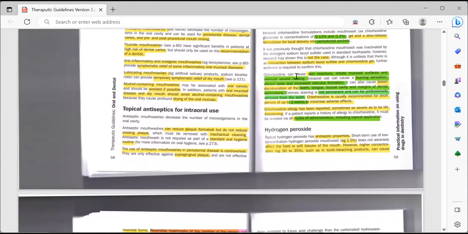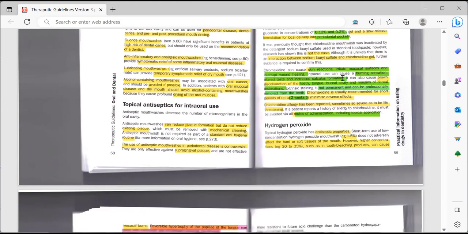So the disadvantages of chlorhexidine are that it can lead to skin reactions, it can irritate mucosal surfaces and interrupt wound healing. So if you have extracted the tooth, you do not advise the patient to rinse with chlorhexidine. You only advise the patient to rinse with warm saline. Okay, because it can irritate the mucosa and it can also interfere with wound healing.